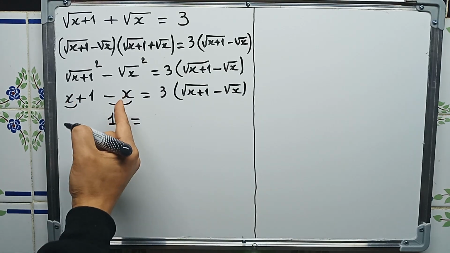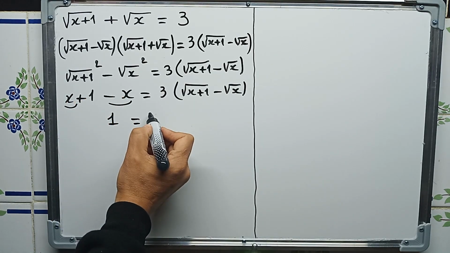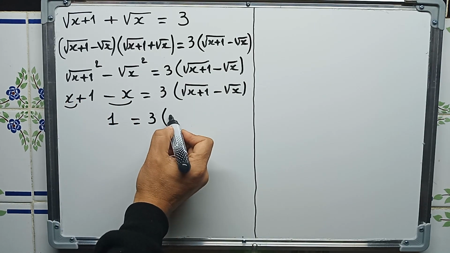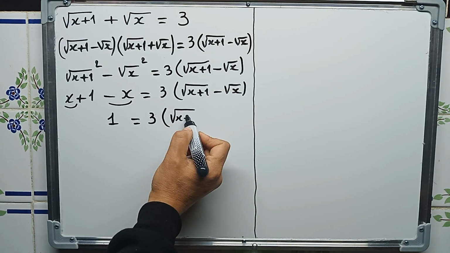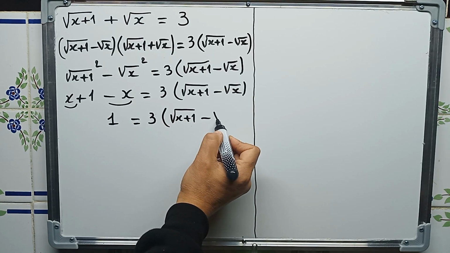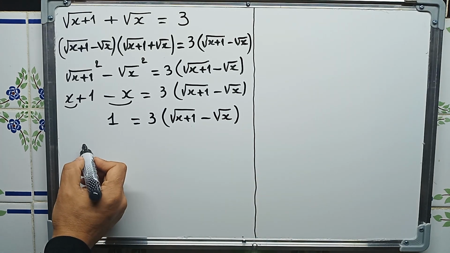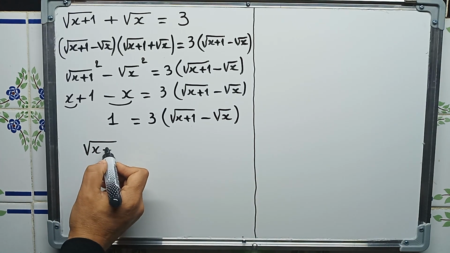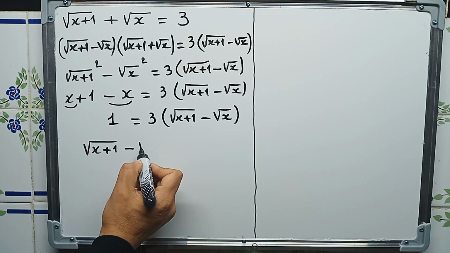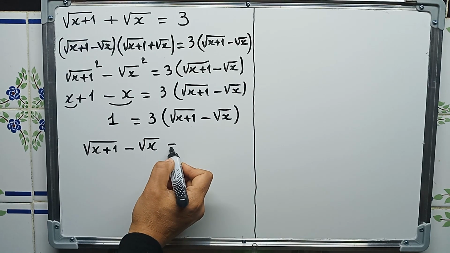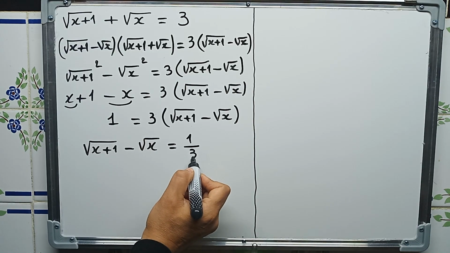X plus minus x is 0, so we get 1 equals 3 square root x plus 1 minus square root x, and finally we have square root x plus 1 minus square root x equals 1/3.